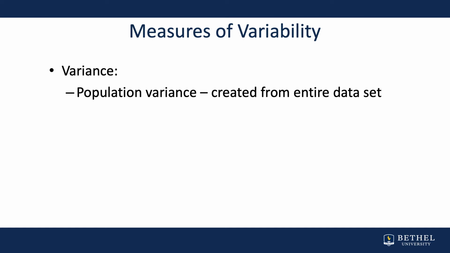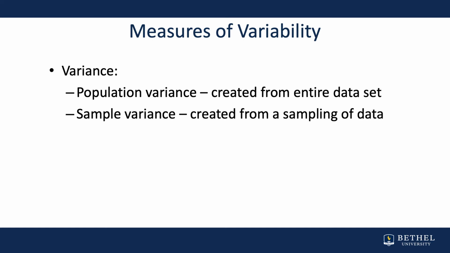But like I said before, we do things with samples in statistics. So sample variance is really an important one to learn as well. So how do you figure that out? Well, here's what you do. Remember the mean that we talked about earlier? Well, what you have to do is take each observation, subtract the mean from it, then square that outcome, and then divide by the number of outcomes.